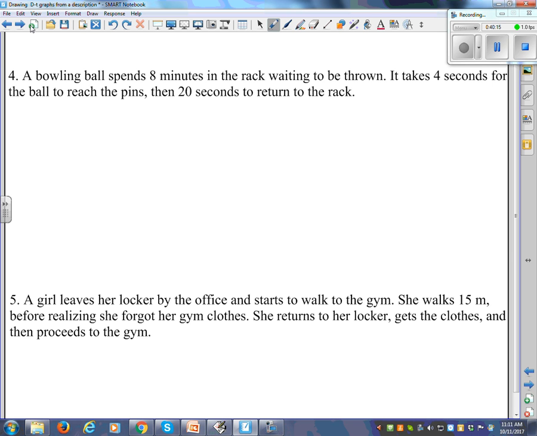But if the bowling ball spends 8 minutes in the rack waiting to be thrown, it takes 4 seconds for the ball to reach the pins, then 20 seconds to return to the rack. So again, you have to decide, where's 0? It's usually where you start. People just naturally put 0 there, right? So 8 minutes in the rack, what's it doing? Just sitting there, staying at 0 for 8 minutes. And then 4 seconds to reach the pins. Is that positive? Like that?